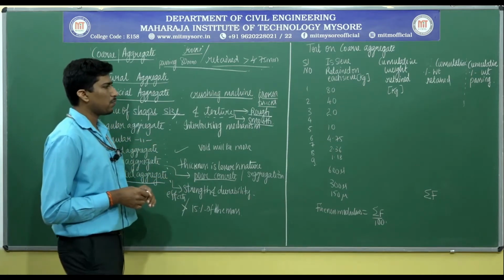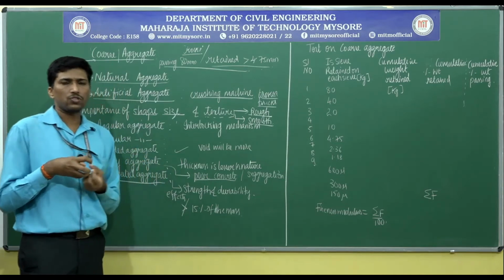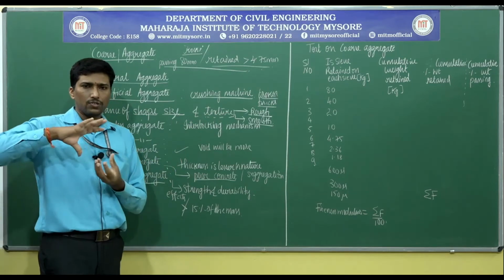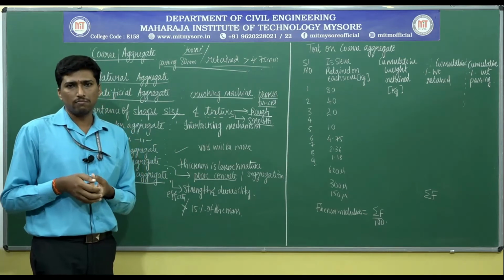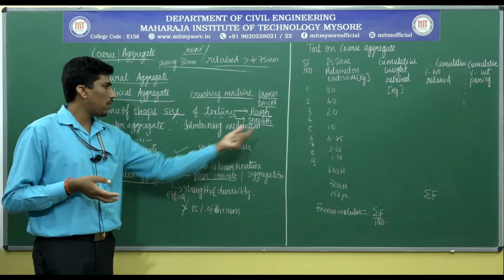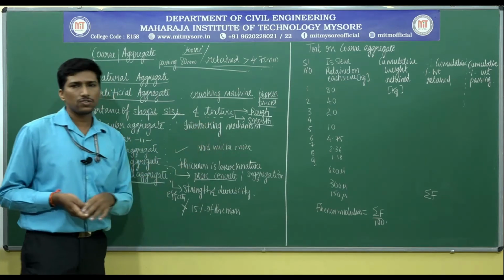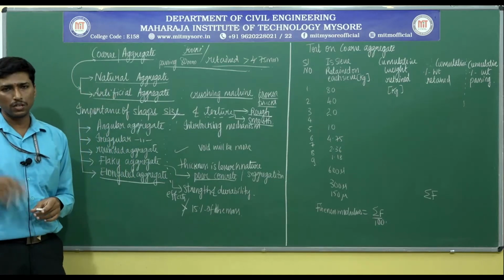When the bonding is poor, they cannot stick to one another. Hard grain materials tend to stick easily, the bonding will be good. Here the voidness content will be more.